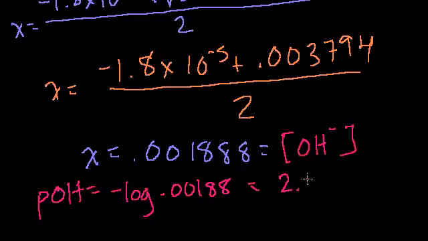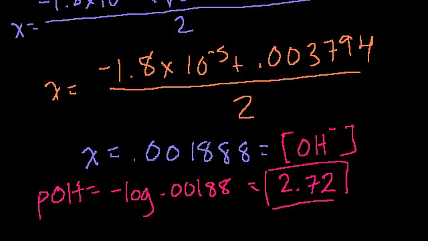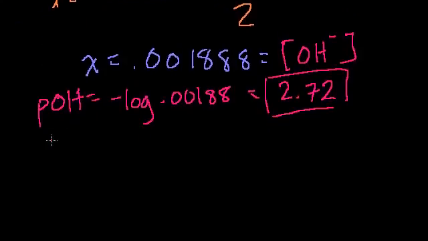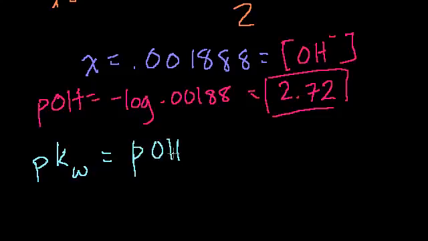So it's 2.72. And now, if we want to figure out the pH, how much my concentration of hydrogen ions, just remember when you're in an aqueous solution at 25 degrees Celsius, your pK of water is equal to your pOH plus your pH.